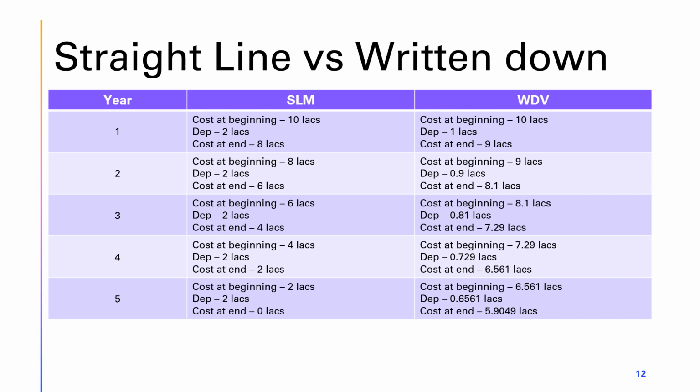So depreciation each year would keep on decreasing, as you can see in the table. And towards the end of the period, the asset value is 0 under the straight line method, whereas under the written down value method, the asset value will be 5.9049 lakhs. And this is a major difference between both the methods.